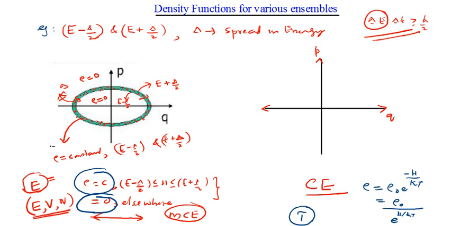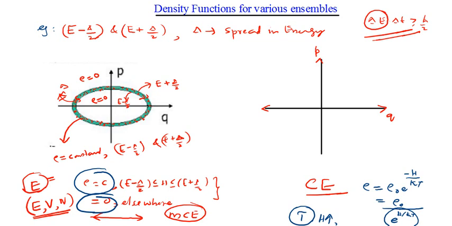So when the total energy increases, what will happen? You can see that when H increases, I'm putting an upward arrow for increasing, e raised to H by kT will be getting increased. Rho 0 is a constant, so the denominator is getting increased, right?